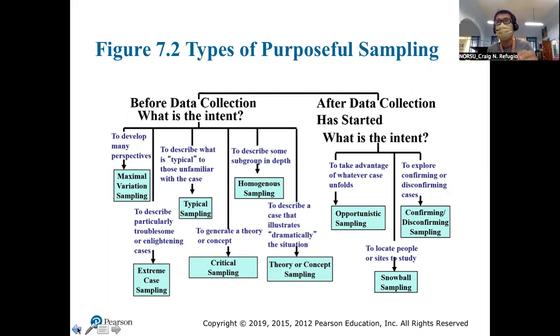In some cases, what you have collected conforms to what you have read in literature, in theory, in models. But some cases would disconfirm what you have read, the theory, the model. So we call that confirming or disconfirming sampling.